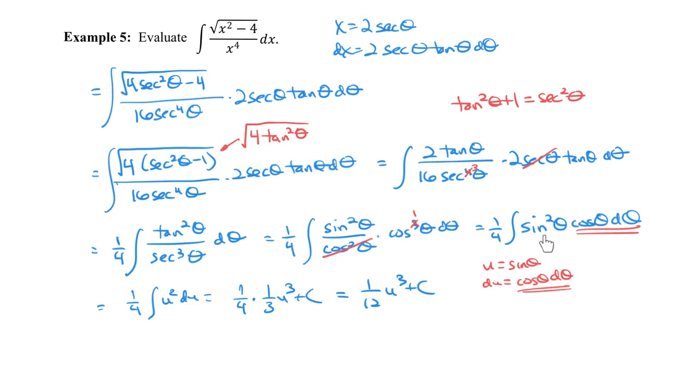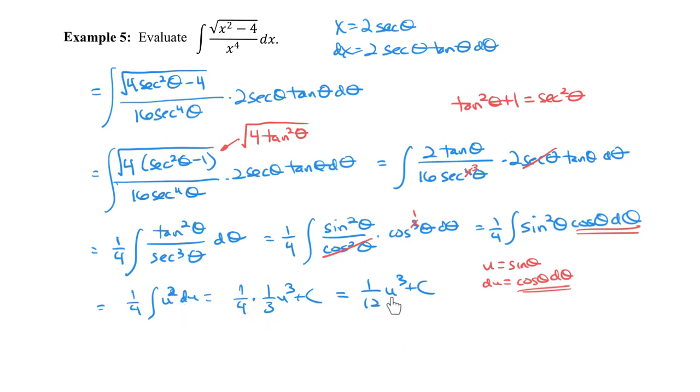We've got a lot going on here, but hopefully everybody can see this is just a u substitution. This is something we could have seen in section 5.5. We've got the 1/4 out front, and this is u squared du. Use the power rule here, so it becomes 3, and then we divide by 3, so we get 1/4 times 1/3.